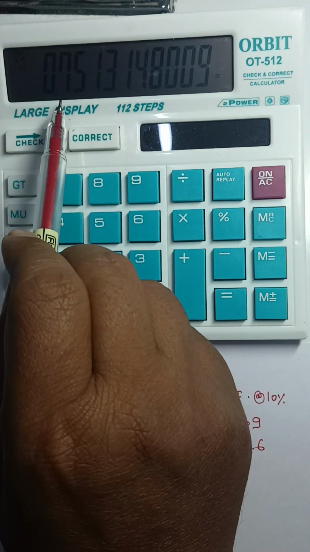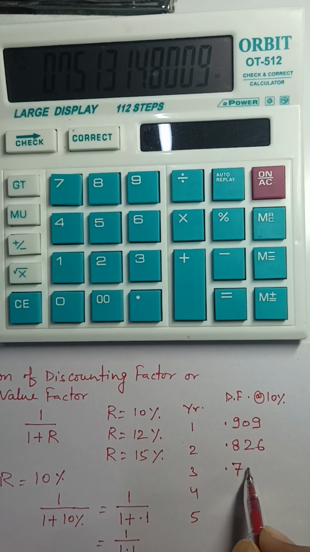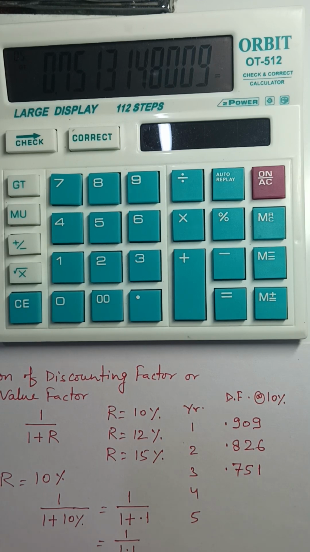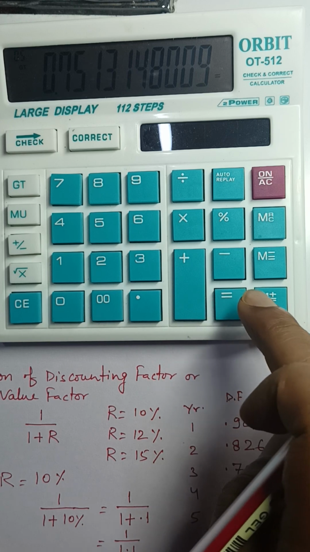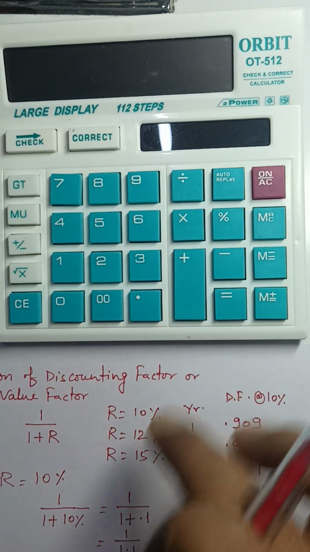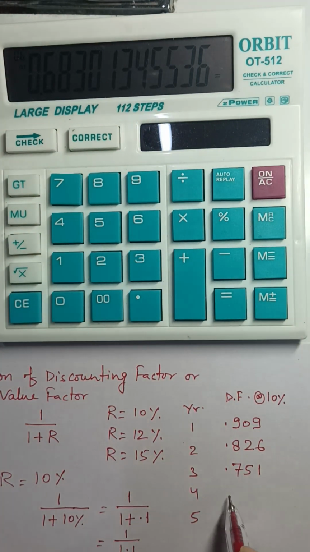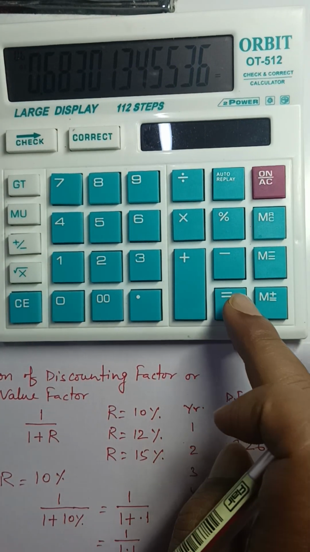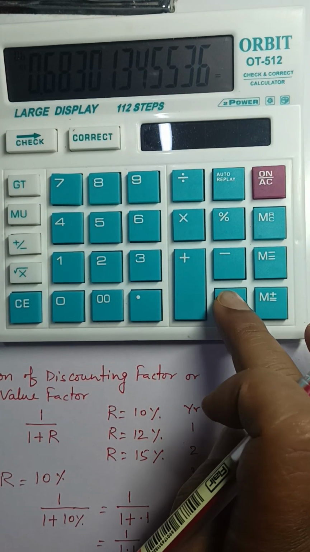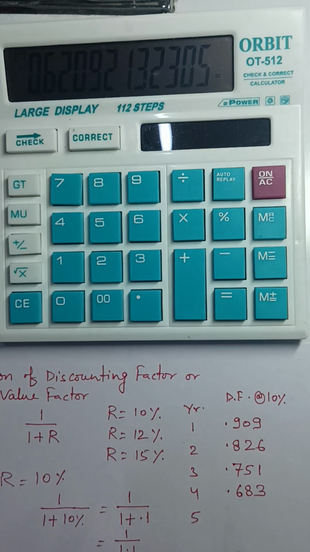Here I am getting 0.751. Again for the fourth year I'll press equal again. Here I am getting 0.683. And for the fifth year I'll press equal again. See, here I am getting 0.620.